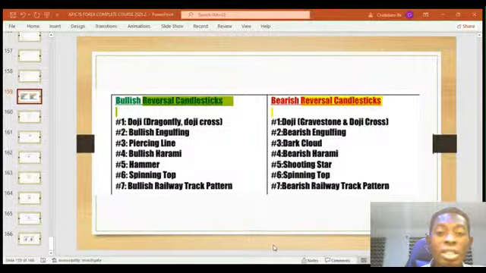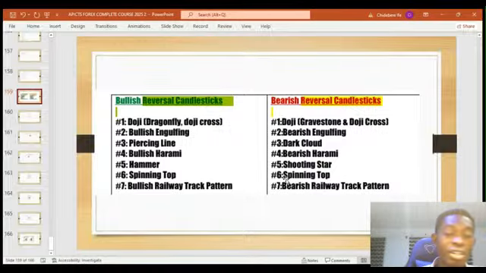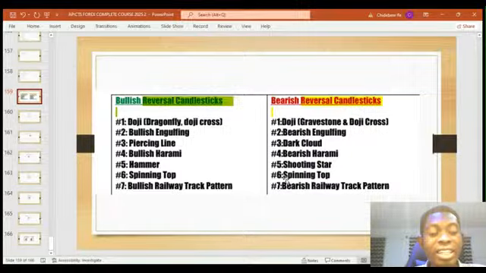First of all, I told you that the beauty of reversal candlesticks is the area of interest. The area of interest, either the supports or the resistance, either the trend line touch or the trend line bounce, either the Fibonacci retracement levels, or the breakout and the test, the spot of the testing.